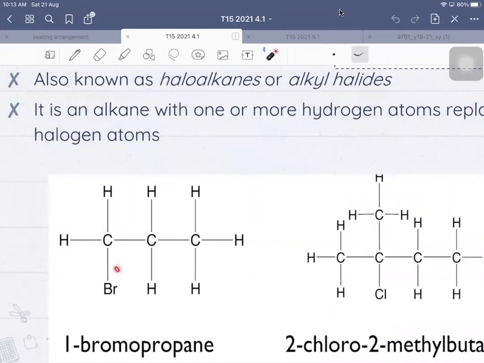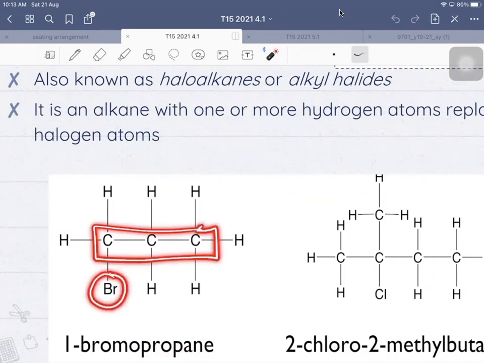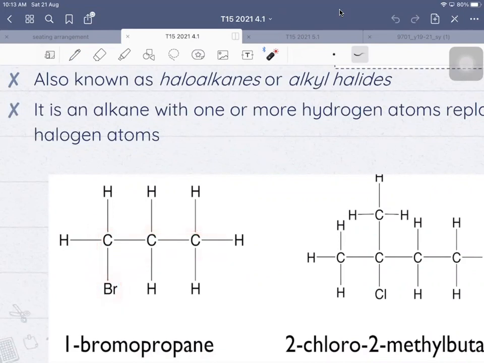The number 1 is for the position of the bromine, and propane is the principal chain. The principal chain is always the longest chain, and then you just give the smallest position to the halogen. There are actually two possible ways of numbering the carbon. You can start with number 1 from the left, or you can start with number 1 from the right.